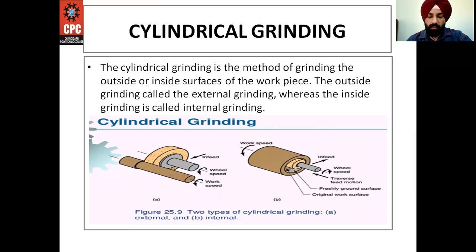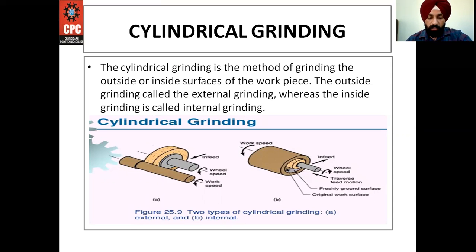The external cylindrical grinding is performed on shafts, journals, mandrels, lathe centers, plug gauges, small motors, armature shafts, valve tapers, rifle barrels, and many more.